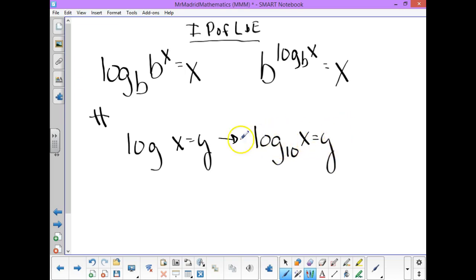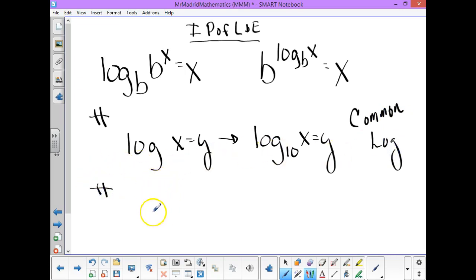This has a name, since log base 10 is so popular that we don't even write the base. We call this the common logarithm, or the common log.